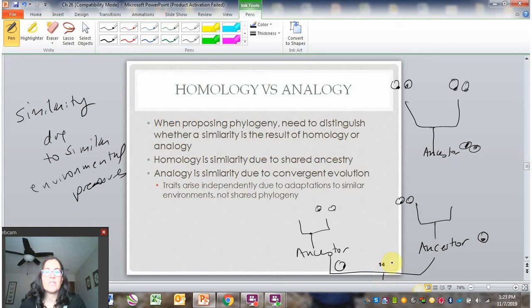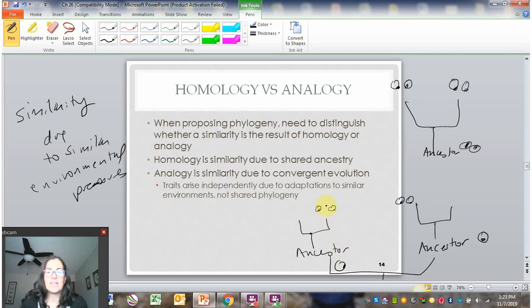Because everybody shares ancestry all the way back in time. If we went far enough back, these two ancestors also share an ancestor. But looking more recently, we see that the trait for two eyes didn't come from an ancestor that had two eyes that they shared. Instead, they both independently got the two-eye trait.